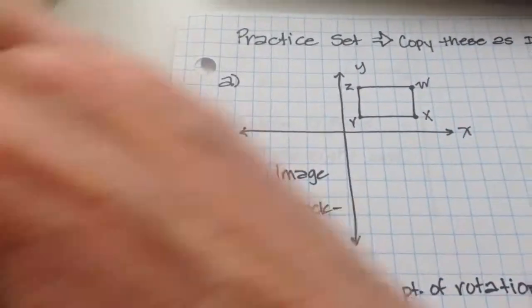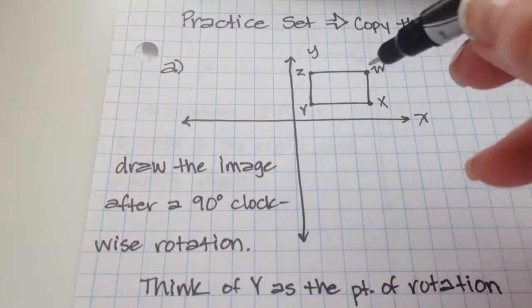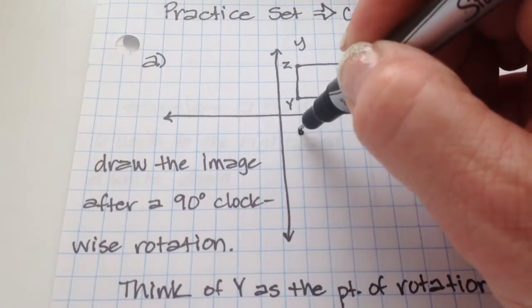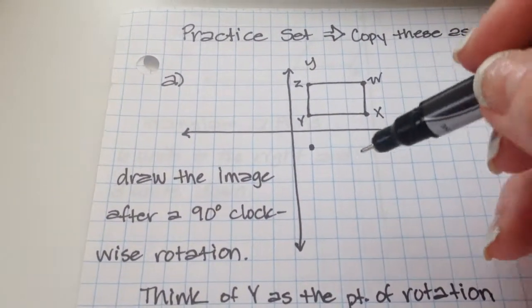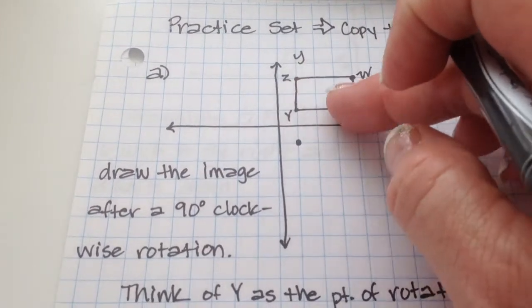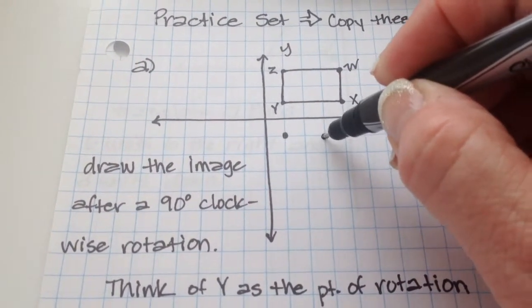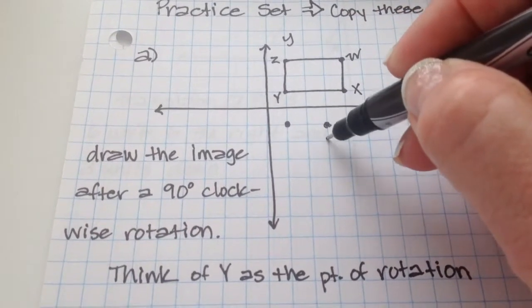So it is going to go here. So this is going to be my new Y. Z is going to be right here, right? Because I did 2 and I have 3, so I'm going to go down 3.